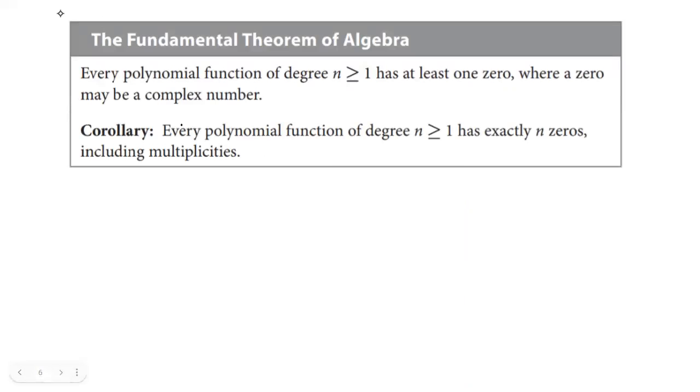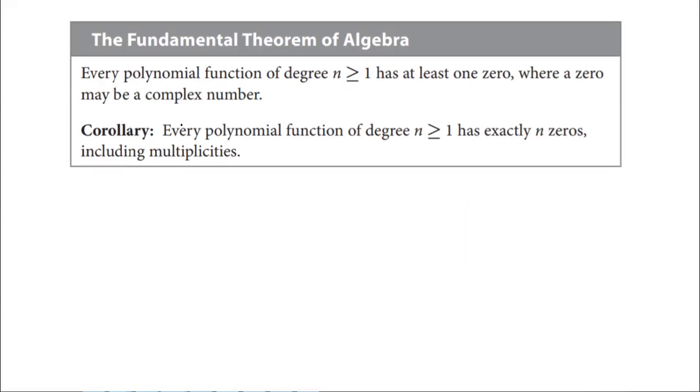Now, something that I wanna go over very quickly, guys, is the fundamental theorem of algebra. This theorem states that if we have a polynomial with a degree greater than 1, we're going to have values that we consider solutions, or zeros, and they are going to be either a complex number or a non-complex number, which we consider a real solution.